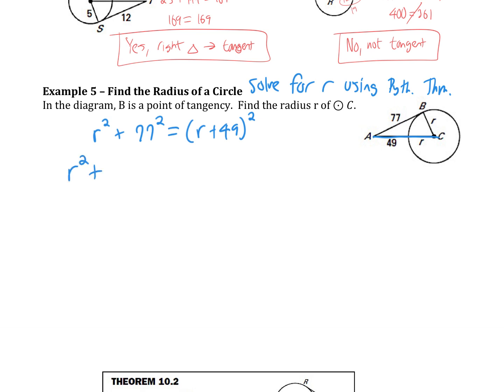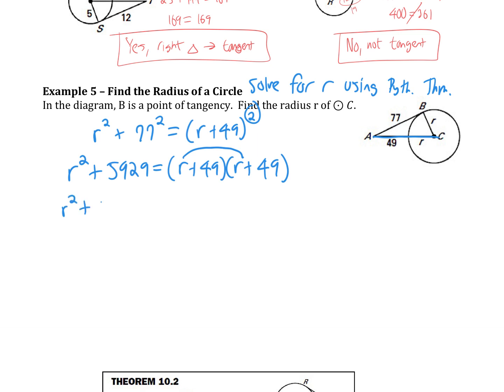So we got r squared, 77 squared is 5,929. Now, how do we solve this? It's a little bit tricky here. We're going to have to expand this out and use distributive property. So we have r plus 49. We have two of them, so we're going to multiply r plus 49 times itself, okay? And you can't just square the r and the 49. You got to expand it out and do distributive property. So let's distribute this. We got r times r. If you want to pause the video and see how you do distributive property, that'd be awesome.